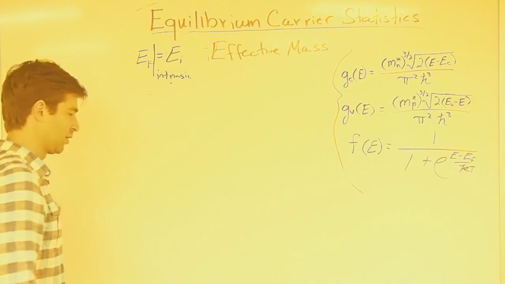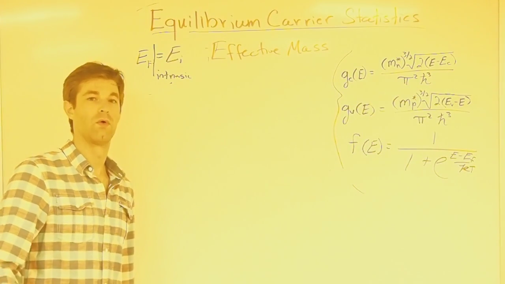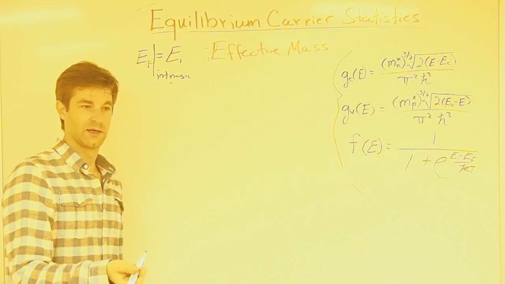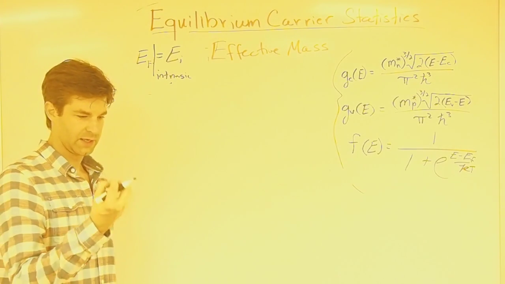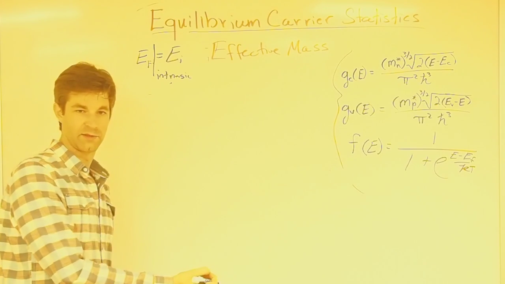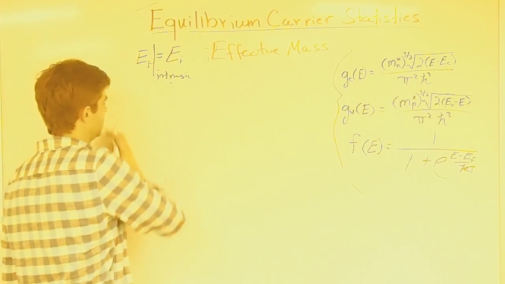So how do we know the total number of carriers, of electrons or holes in a semiconductor? How do we figure that out? Well, we only know that free electrons exist in the conduction band and holes exist in the valence band. So let's consider electrons in the conduction band.